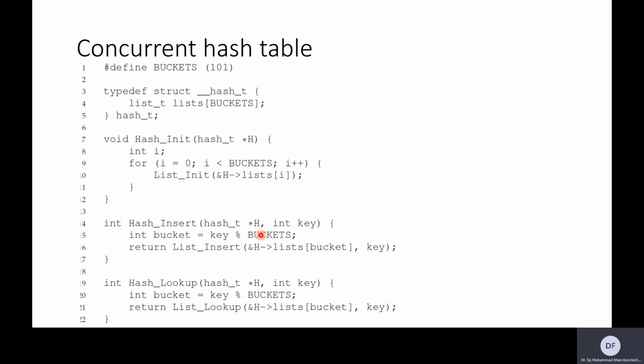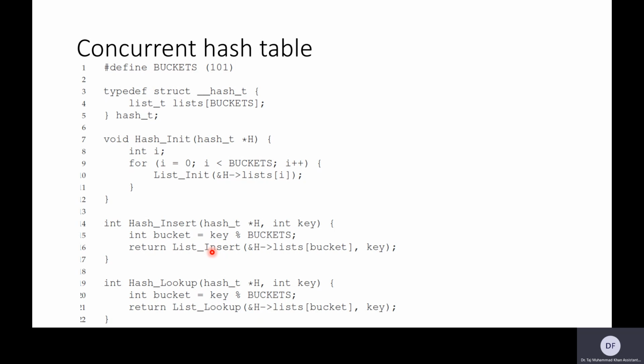If multiple threads try to access a single bucket, then in that case only one of the threads will succeed first and will be able to insert the value in the bucket. The other threads will wait until the first thread releases the lock.